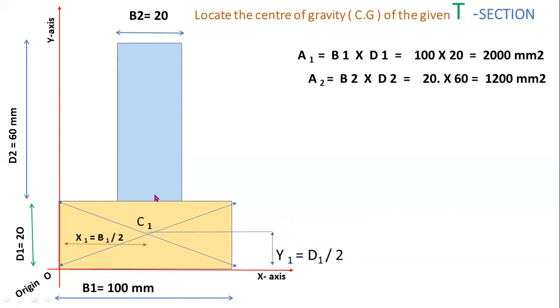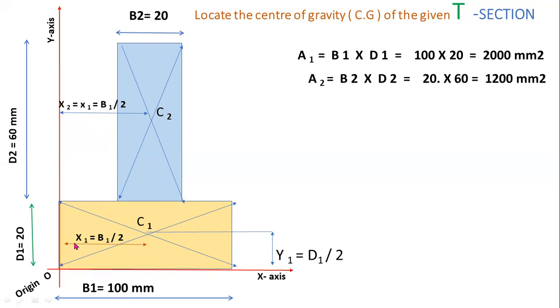Now in a similar way you have to locate the centroid of this vertical rectangle. For that purpose you have to consider diagonal lines. This intersecting point is the centroid of an upper rectangle. Let C2 be the centroid of a vertical rectangle. Now x2 is the distance of centroid C2 from y axis. Here x2 equal to x1, because this is symmetric about the vertical line.